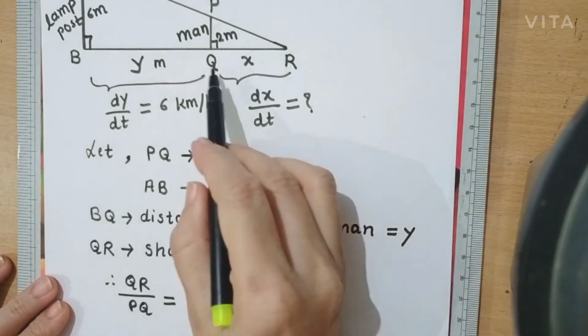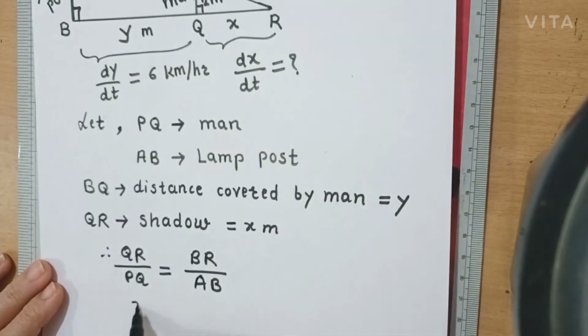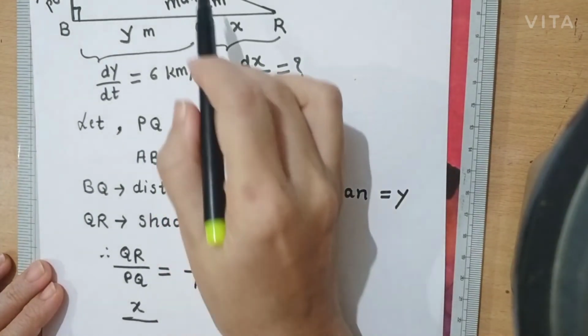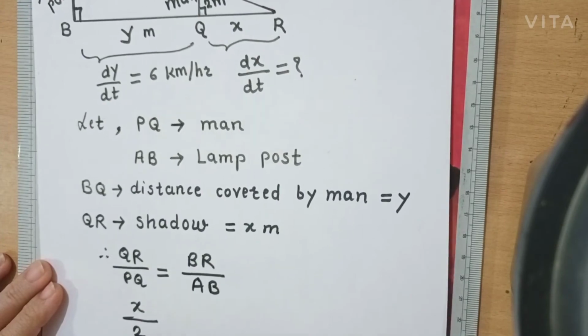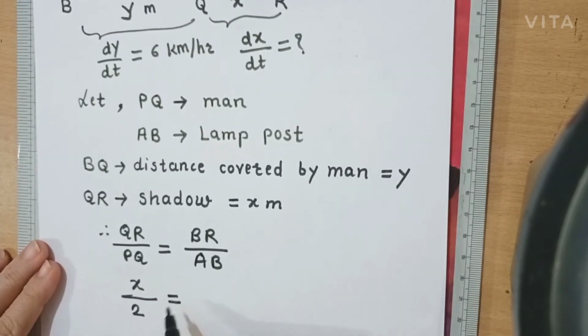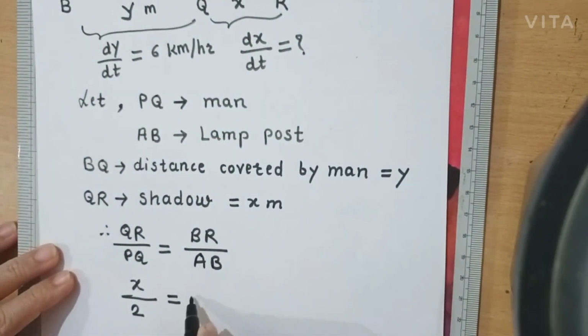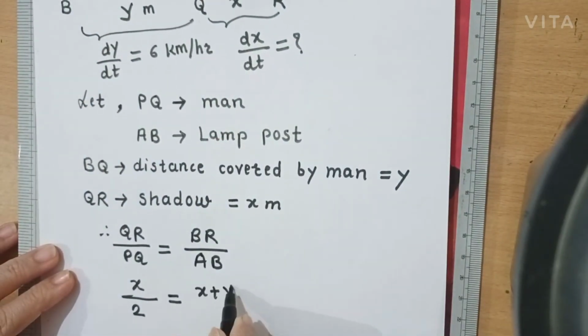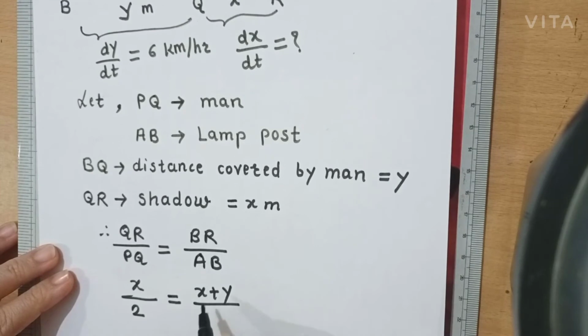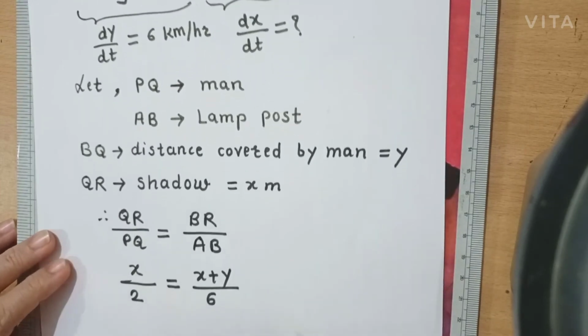Now write down QR is x, so x upon PQ is 2 meter and that is equal to BR is x plus y, so here x plus y upon AB 6.